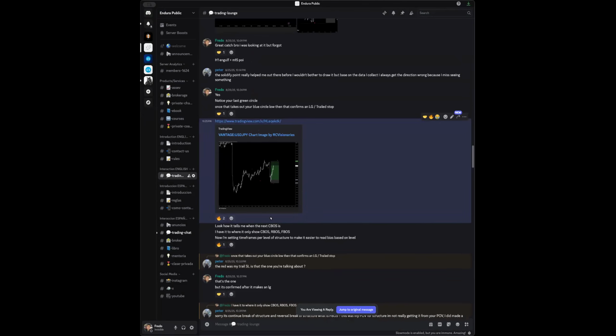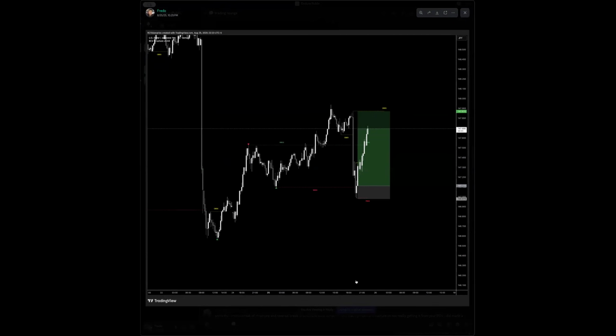Please provide the logic behind this trade. Didn't I talk about this on the last stream? Oh no, I didn't. I don't think so. CBOS, but this is an engulfing. Right, the engulfing. Let me see if I can find that. This was the 25th.